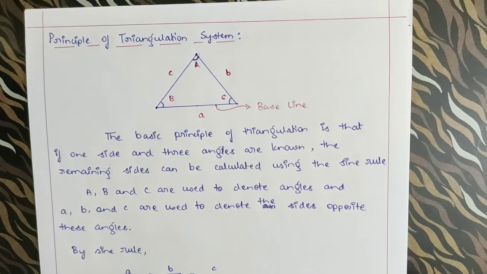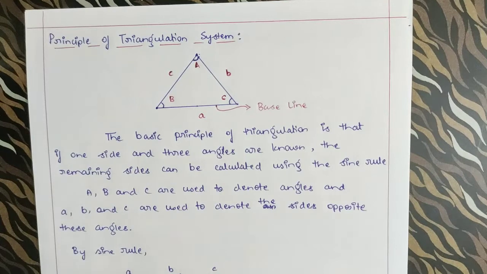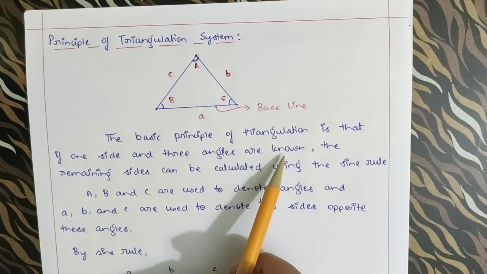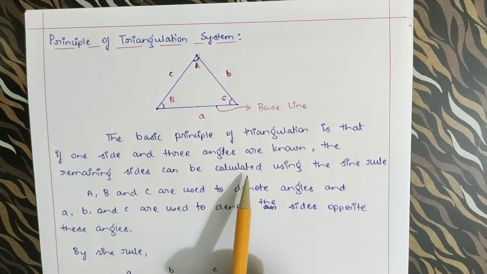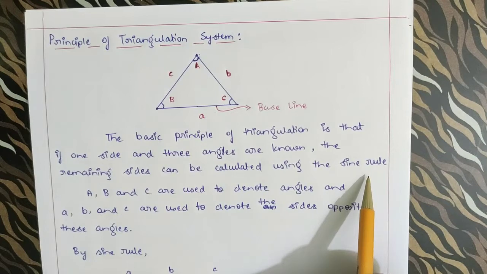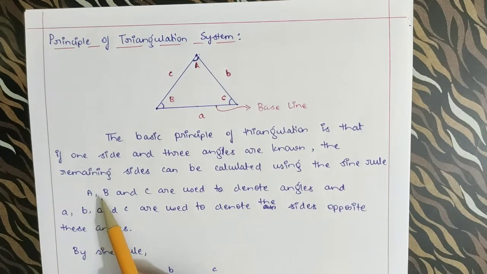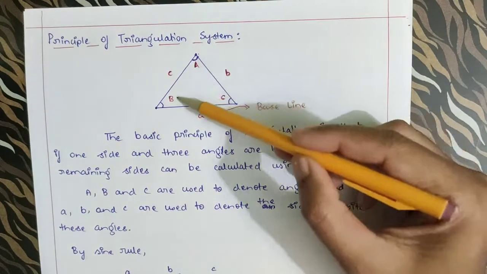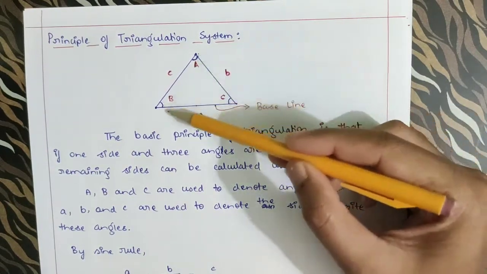Coming to the next topic, that is the principle of triangulation system. The basic principle of triangulation is that if one side and three angles are known, the remaining sides can be calculated using the sine rule. Now capital A, B and C are used to denote the angles.